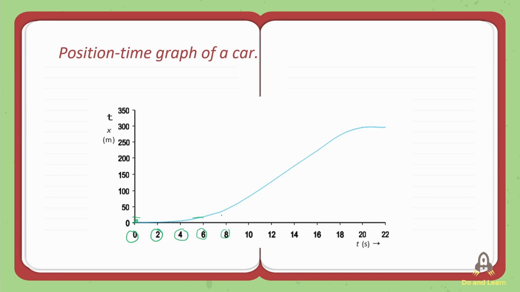At 8, the distance is increasing. At 10, it is more than 50, always varying. But from this point to this point, we can say it is a straight line and can have uniform motion. Then again it is changing. I will explain more about this in the coming session.